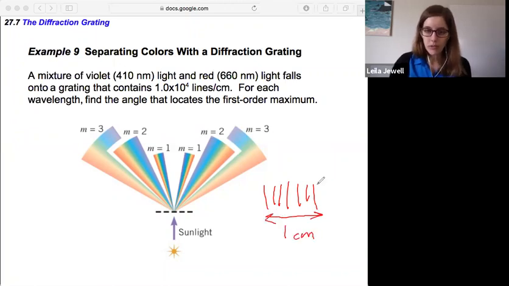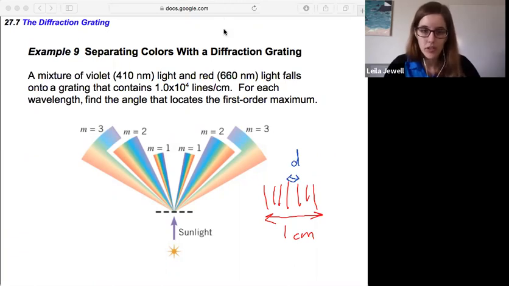But what we ultimately want to find is not the number of lines per centimeter. We want to know the distance between two of these lines, because that will be our d. So what we're going to need is a way to go from number of lines per centimeter to just centimeters.